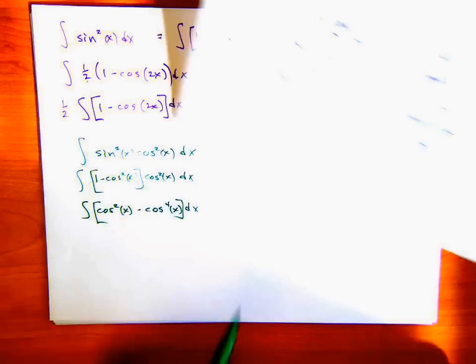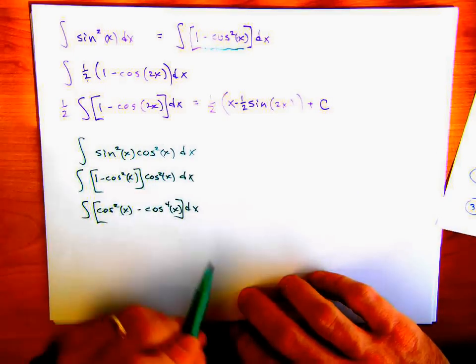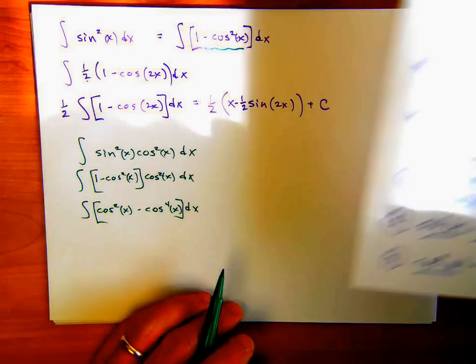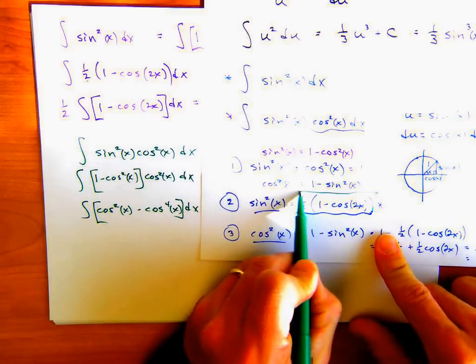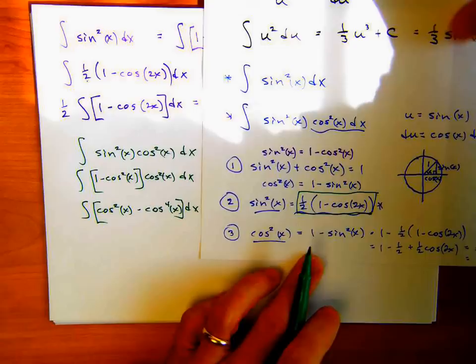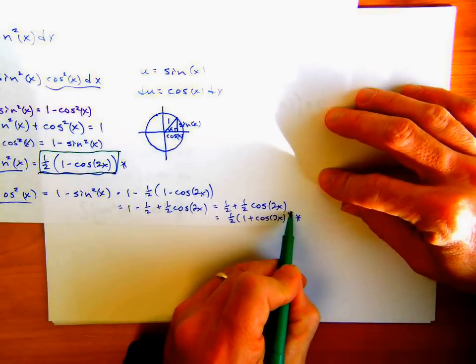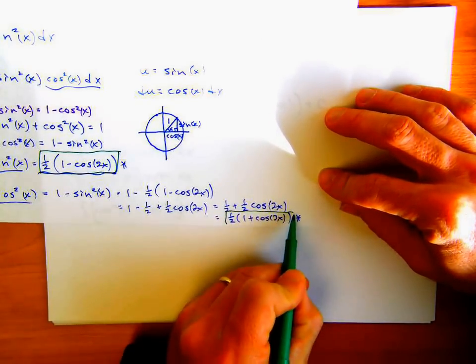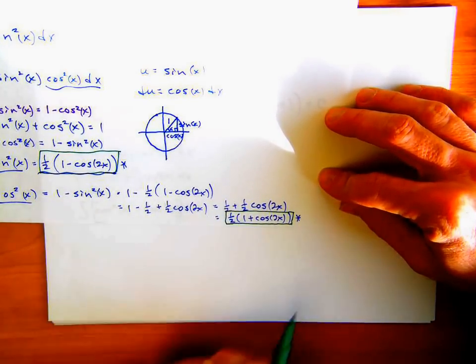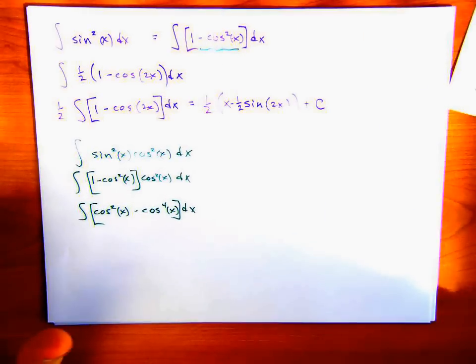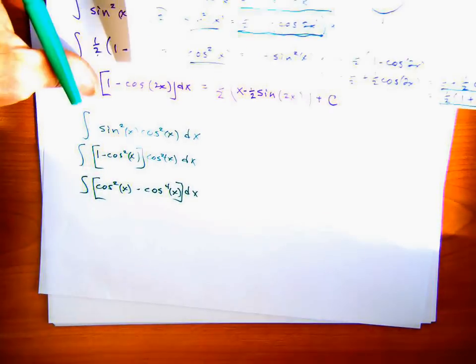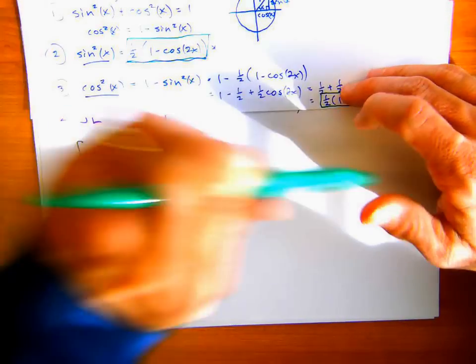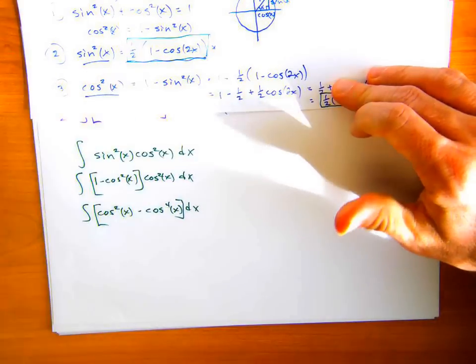So let's come back to this one and think about another way that we could approach this. Well, we have this identity here for sine squared, and then we have this one down here for cosine squared. So let's try plugging both of those in and see what we end up with. All right, so just to leave this up here so you see where things are coming from. So yet another color, might as well use them all.